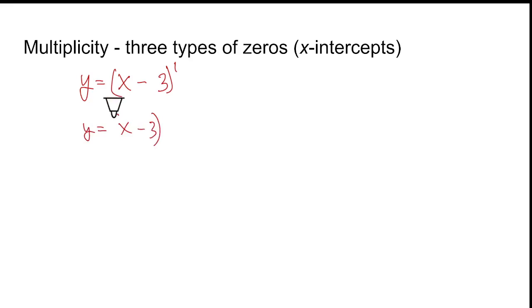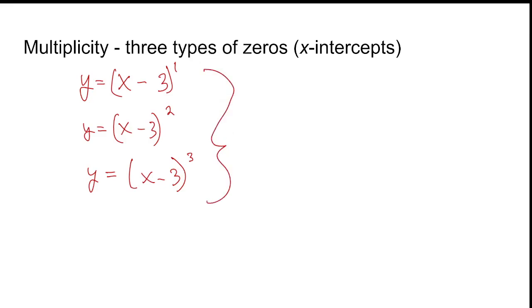I'm going to do it with a second power, a multiplicity of 2, and then we'll do it with the same one, x minus 3, with the multiplicity of 3. The reason I'm choosing this is if we let y equal 0, we can see all of these have a 0 at x equals positive 3, right? Because you take your x minus 3, set it equal to 0, add 3 to both sides, and there you have it.